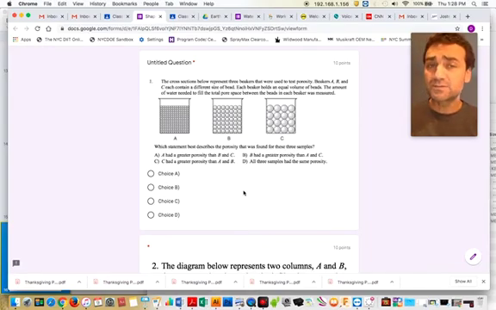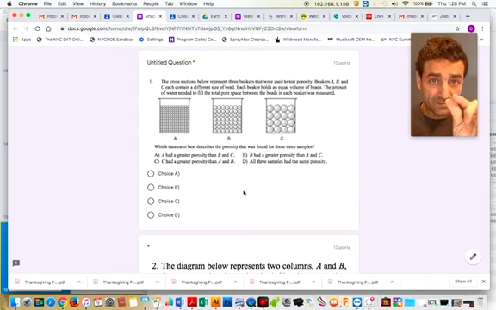Now we did this one already in my last video, but just to recap. Which statement best describes the porosity that was found for these 3 samples? Well, remember, same shape, same porosity. It's a ratio between the size of the pore, the space, and the size of the particle.